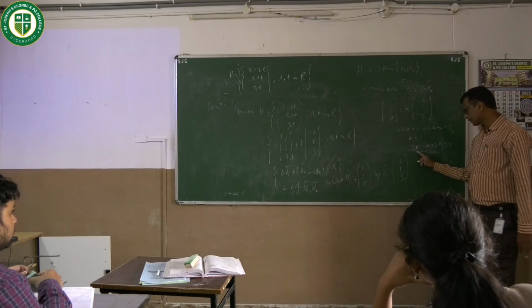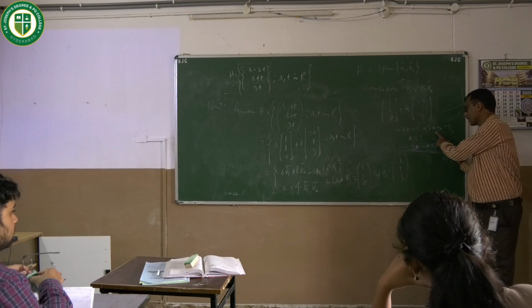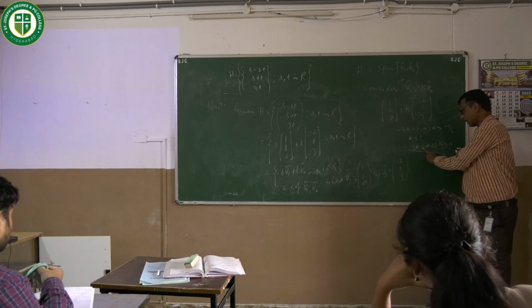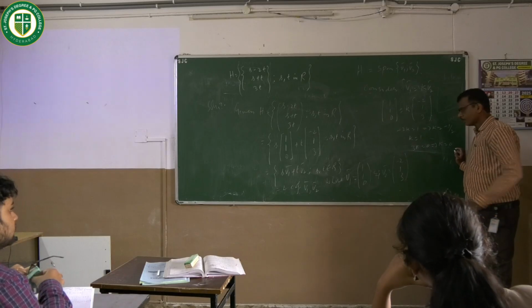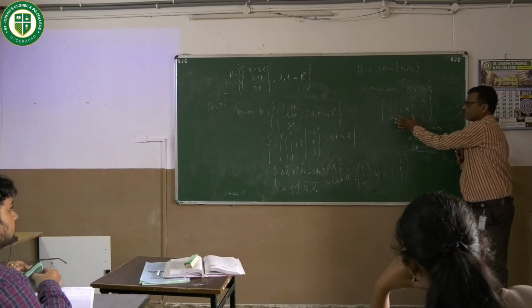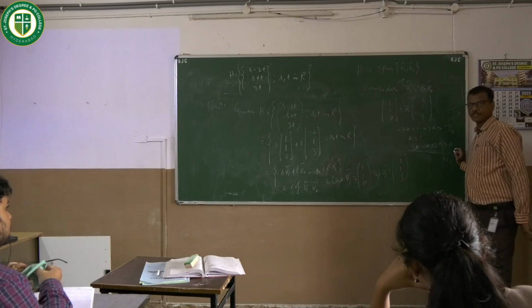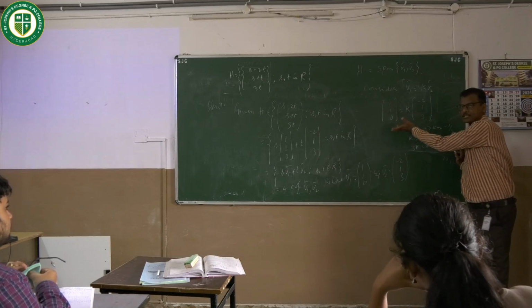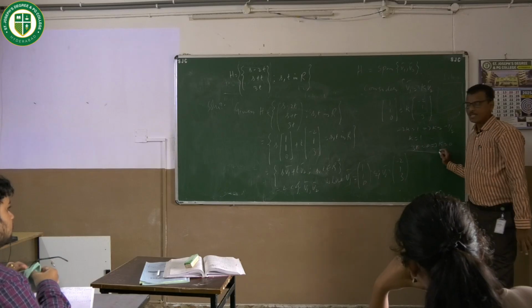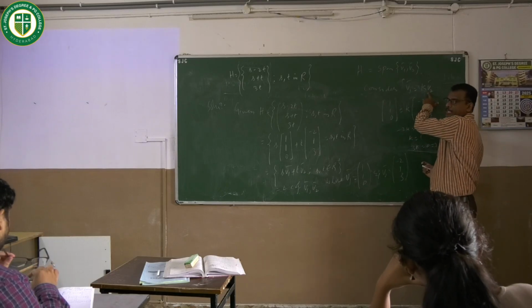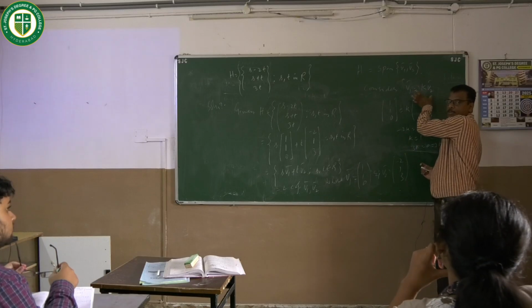Now there are three solutions: k is equal to minus 1 by 2, k is equal to 1, and k is equal to 0. Substitute these and verify whether both sides are equal. If equal, it is called linearly dependent. Suppose V1 bar is equal to k into V2 bar, that is linearly dependent.